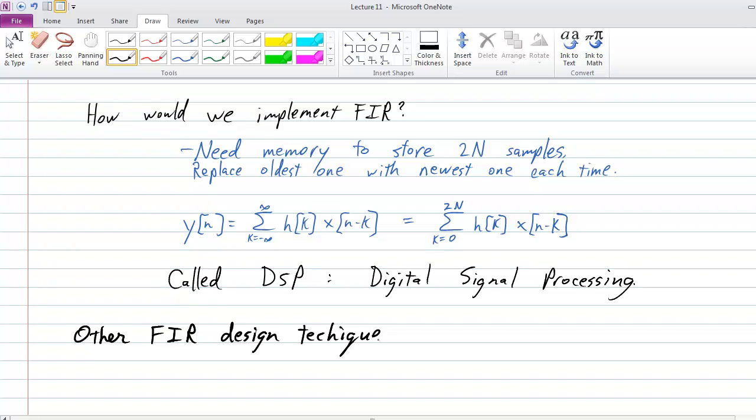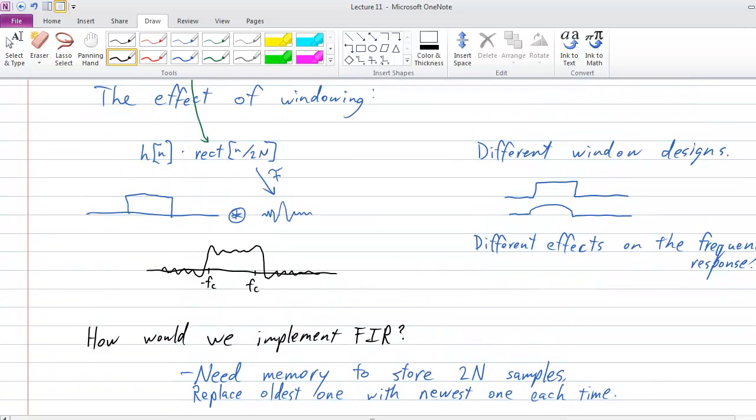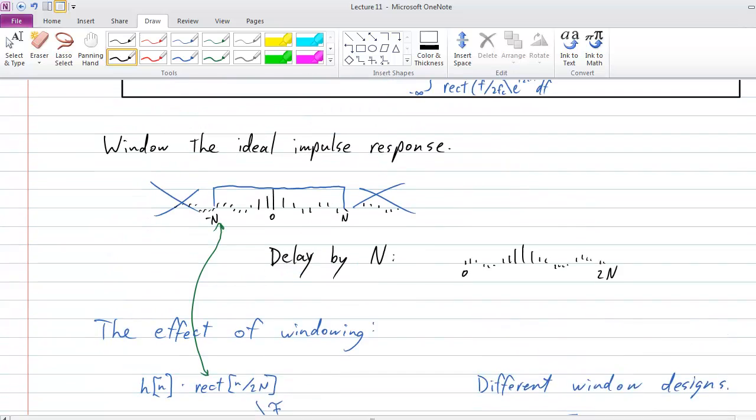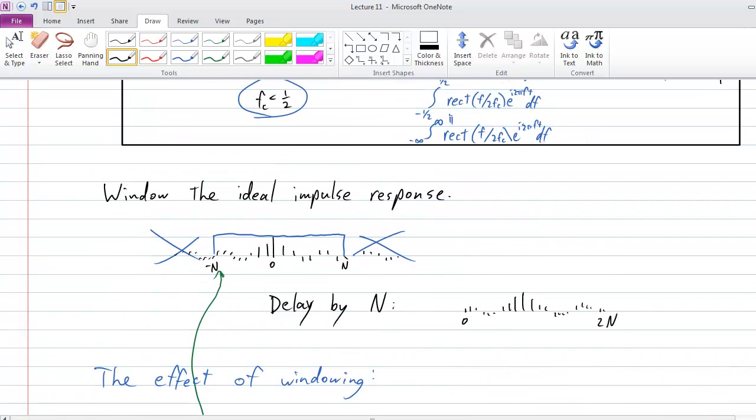So this one that I mentioned here is you design your ideal filter, and then you window it to make it implementable. You say, well, that window destroyed my filter to some degree, but I could find a different window that maybe is a little more favorable in the frequency domain, and then I just delay it, and I have a causal FIR filter.